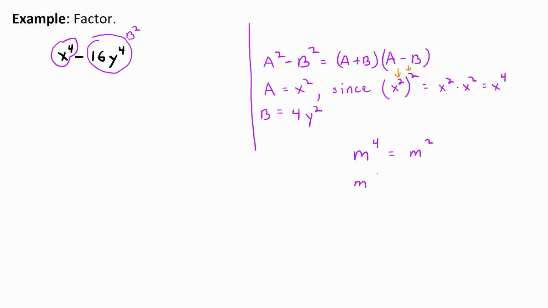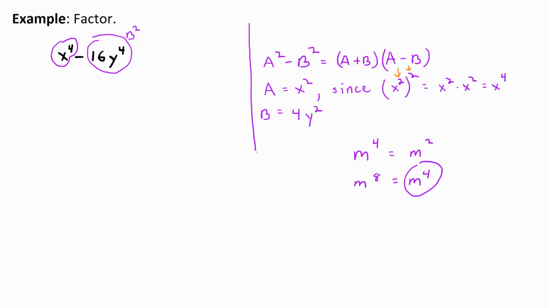So if it's m to the 8th, keep the base m and divide the exponent by 2 to get the new exponent. And it's m to the fourth. Think about it. M to the fourth squared, m to the fourth times itself, is m to the 8th. That trick will work for finding the square root of any base like x or m or y brought to an even power. Any even power is a perfect square.